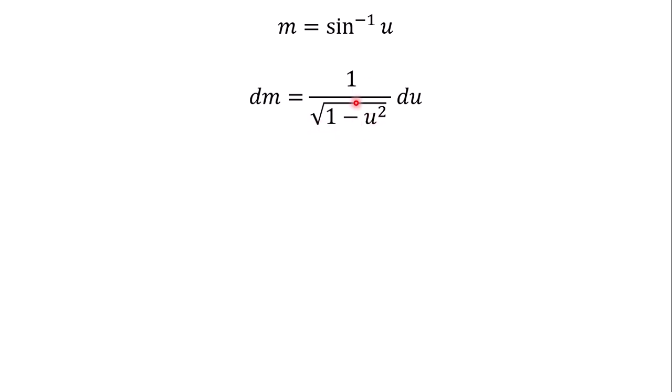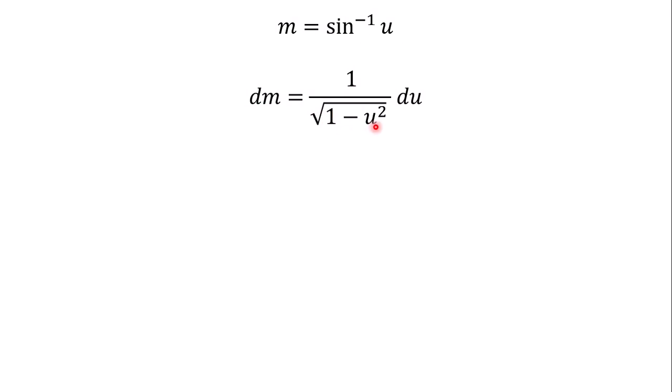This one is exactly what is inside the integral. But when it is like this, we can put this one into the integral, because dm is actually equal to 1 over square root of 1 minus u squared.